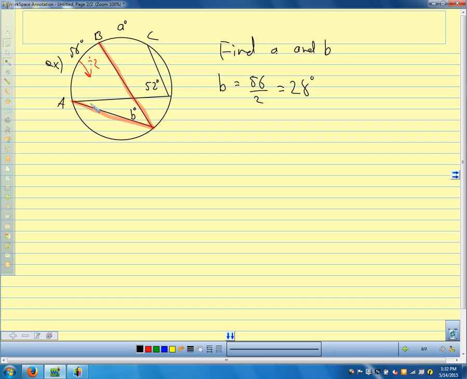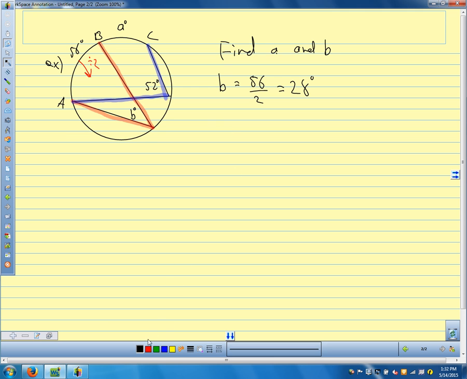All right, now I'm going to highlight this other angle that we know here. There is the other angle. What arc does that angle intercept? Arc AC. Can we figure out how long arc AC is?